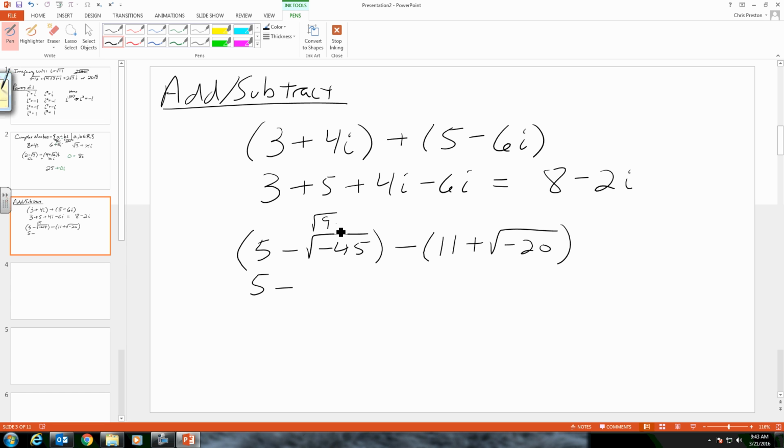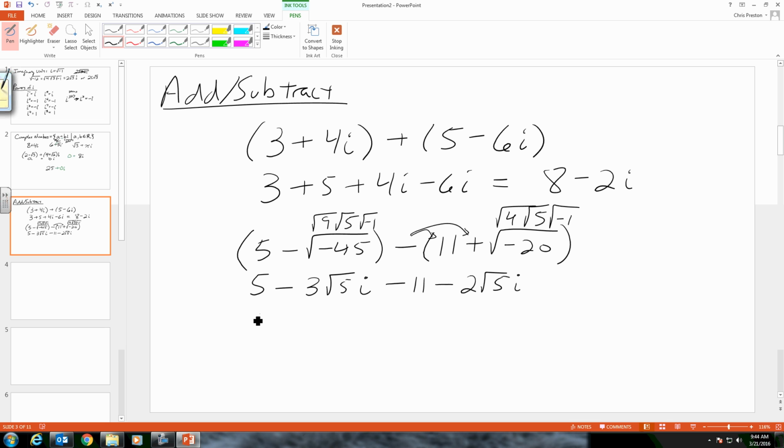Well, 9 times 5 times negative 1 is going to be 3 root 5 i. And then I'm going to distribute this negative through here. So negative 11 minus, and again, what makes square root of negative 20? 4, 5, negative 1, so 2 square root of 5 i.